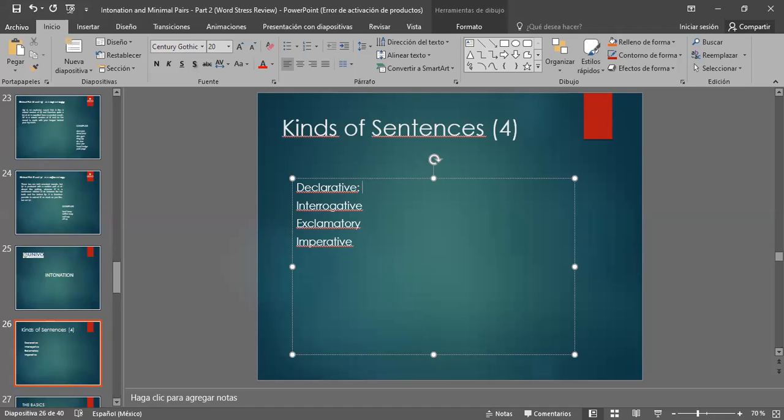Porque para entender la entonación hay que entender los cuatro tipos de oraciones. Ojo, no es gramática, es hablar. Es speaking. Y listening, al mismo tiempo, porque en el examen vienen estas cosas. What is this? No one? Okay.